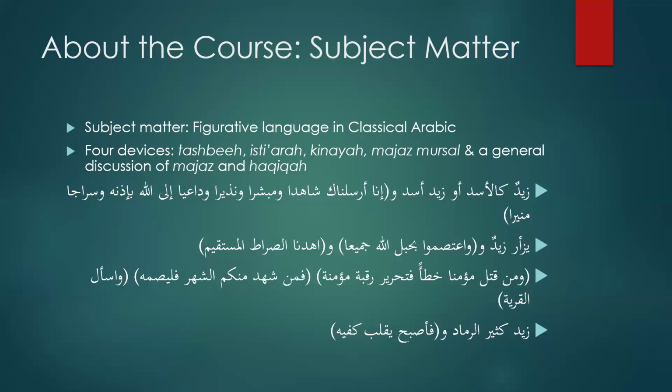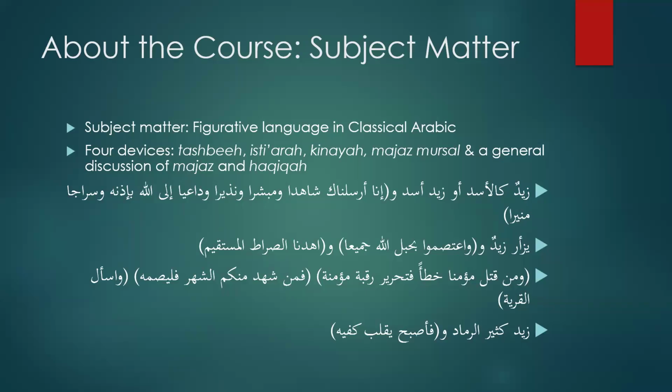But rather the relationship already exists between the uttered words and the intended meaning in terms of time, in terms of place, in terms of cause and effect, in terms of what might have been, in terms of what might be, etc. Okay, and so there already is that relationship in the case of other types of majaz. So in both types of majaz, whether we're talking about isti'ara or majaz mursal, that relationship already existed.